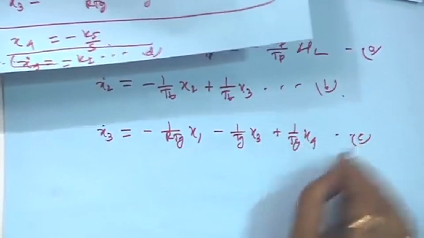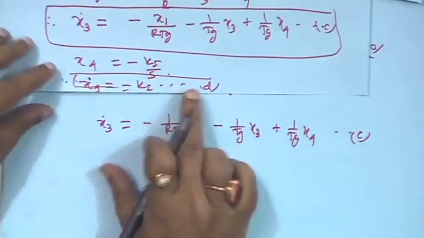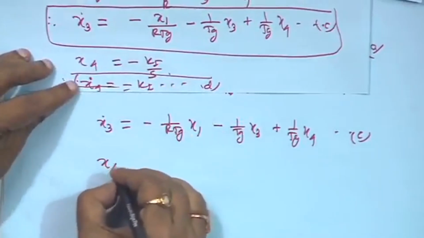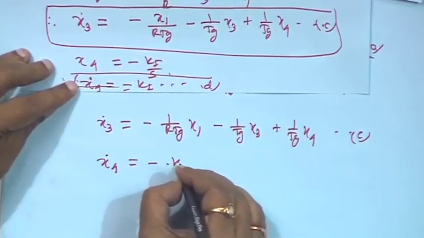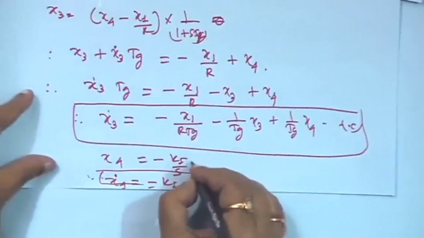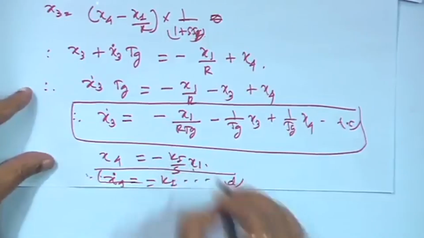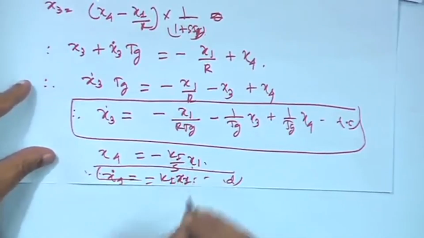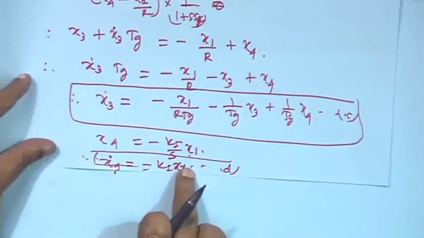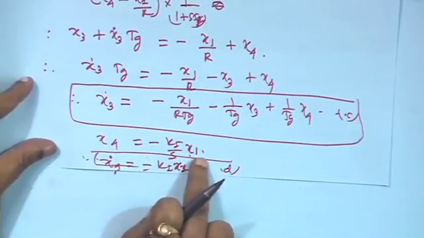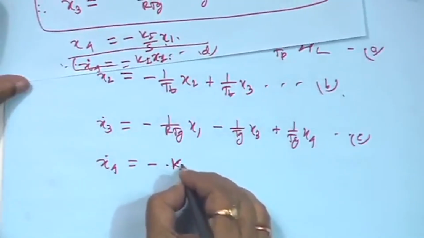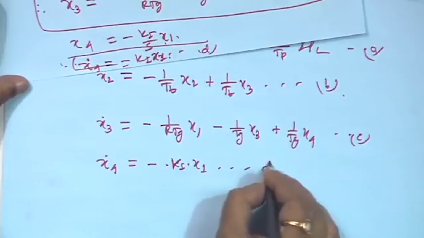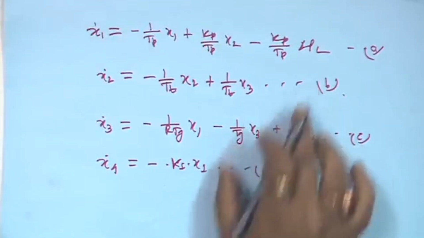This is equation C. And the last one, equation D, that is x4 dot is equal to minus Ki, here also I have missed one thing, it is into x1. So, x4 dot is equal to minus Ki into x1. This is equation D. So, these are all 4 equations.